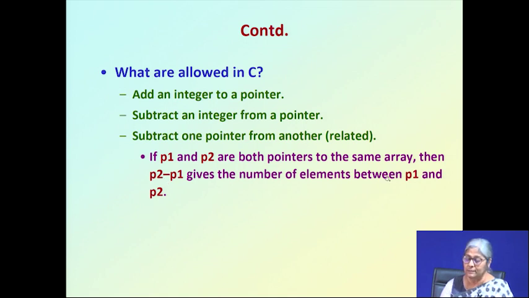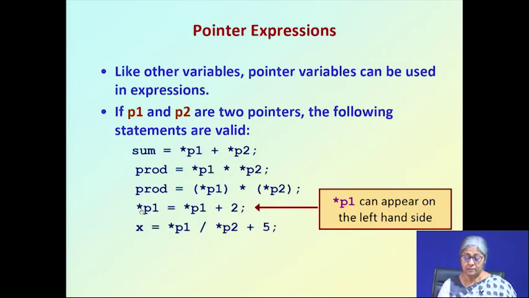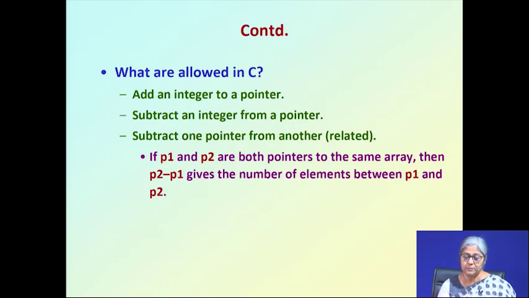See, these are two different things. Here star P1, star P2 are actually values, the value of the variable it is pointing to. But P1, P2 are the pointers themselves, and a pointer is nothing but the value of an address. So, if I give P2 minus P1 or P1 minus P2, it gives the number of elements between P1 and P2.